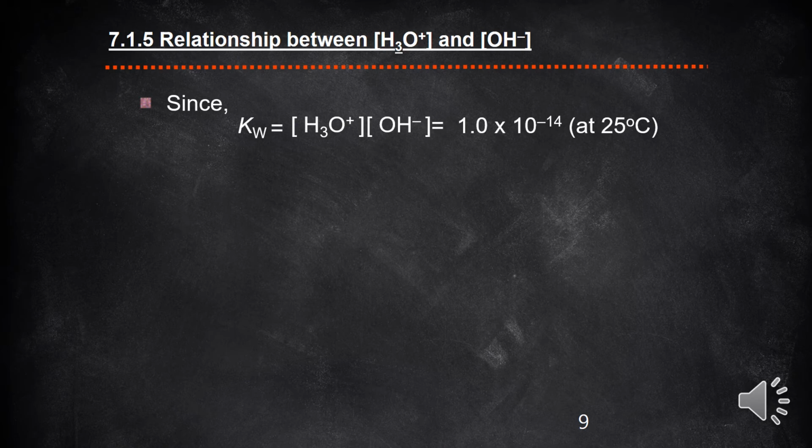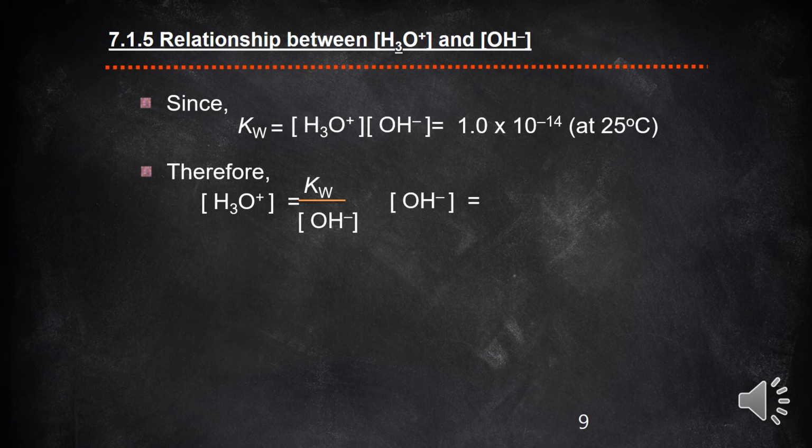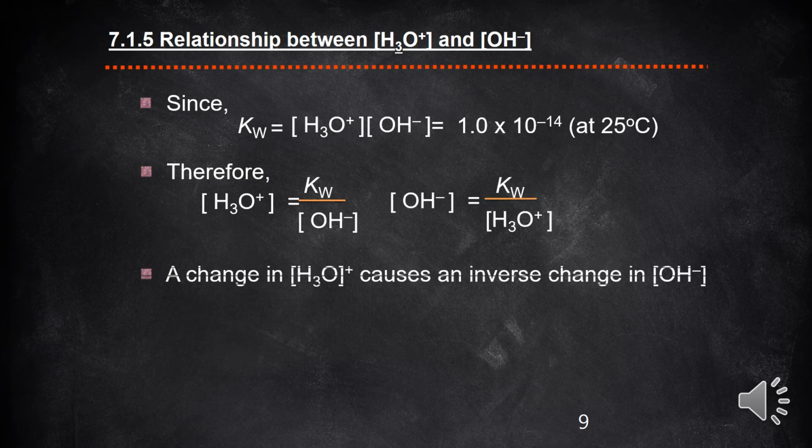If we know either one concentration of ions, by using this Kw expression, we also can find the other species concentration. For example, concentration of hydronium ion equal to Kw divided by concentration of hydroxide ion, and vice versa for hydroxide ion.